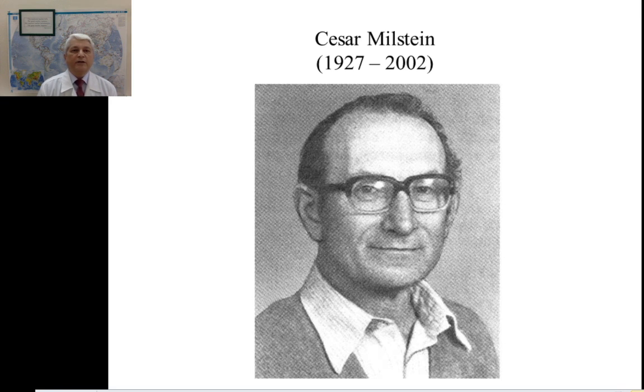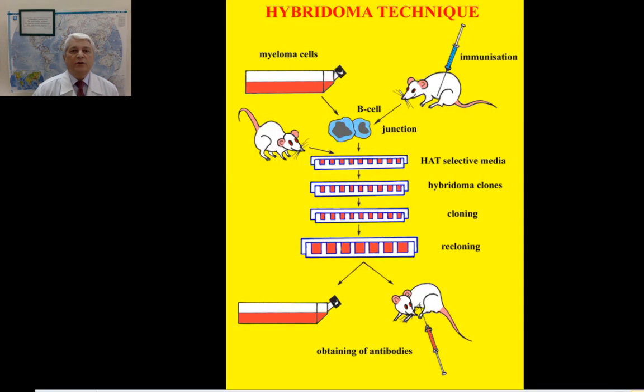And Köhler and Milstein were working together in Great Britain. One came from Germany and second came from Argentina. They proposed the method which we call hybridoma technique or hybridoma technology. Please try to copy this figure to your notebook, and I shall slowly explain what we have here.